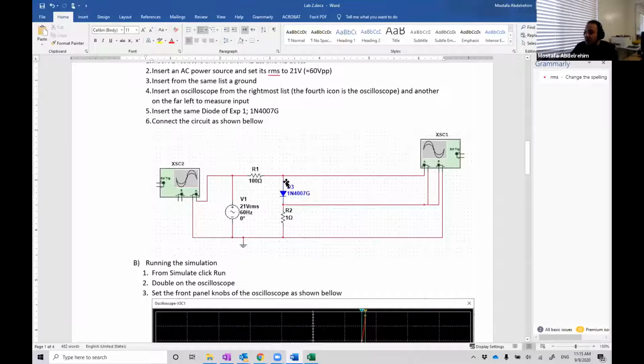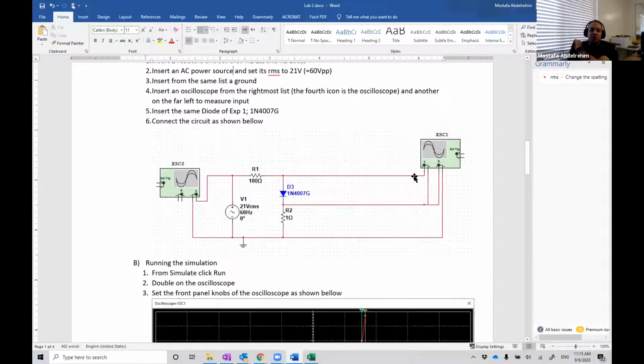It's the same current that passes through the resistor because it's in series. The 100 ohms, the diode, the 1 ohm, and the source are all in series, so the current is the same for all of them. So we'll have the current on channel B, and the voltage of the diode on channel A.